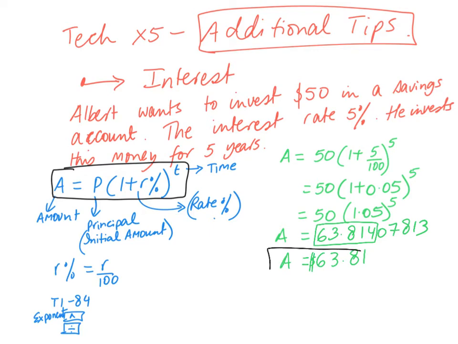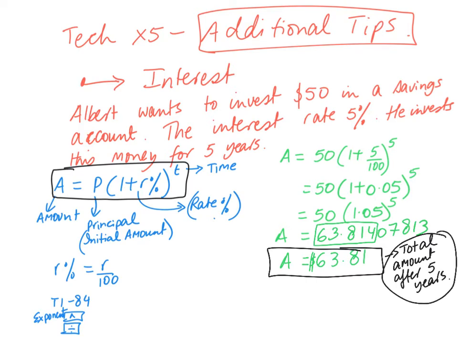Okay. So this would be the total amount after 5 years. Okay, so if they asked, hey, what's the total amount after 5 years? This is what you would state.